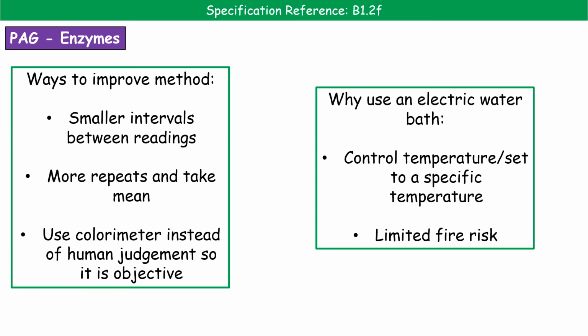So we use this bit of equipment called a colorimeter instead of the human judgment, so it's objective, not subjective. And we've already mentioned the reasons why we use the electric water bath: control the temperature or set it to a specific temperature, and limited fire risk. So do make sure that you are aware of those key parts on the method.